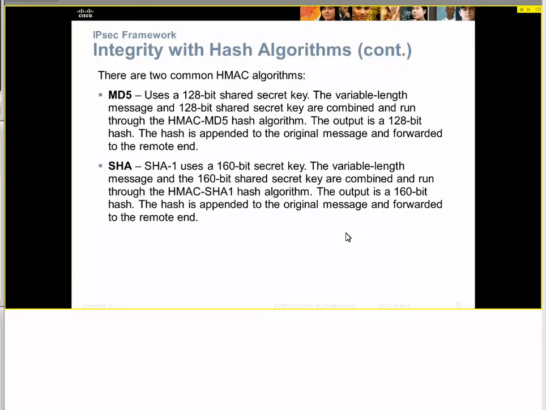SHA-1 is a 160-bit key, a little bit longer key, and it allows you to use variable length messaging. So it works a little bit better than MD5. The problem with SHA-1, it's been cracked.